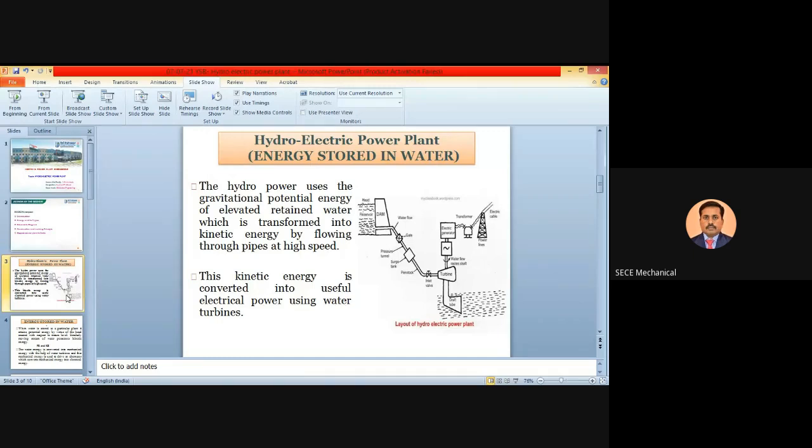A hydro power plant uses the gravitational potential energy of elevated, retained water, which is transformed into kinetic energy by flowing through the pipe at high speed.